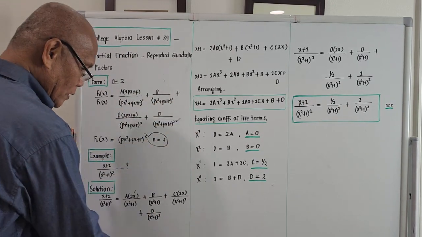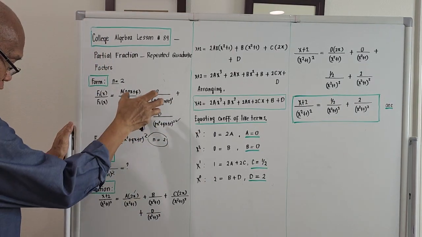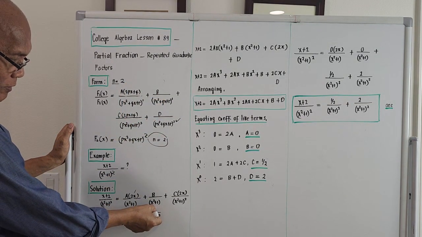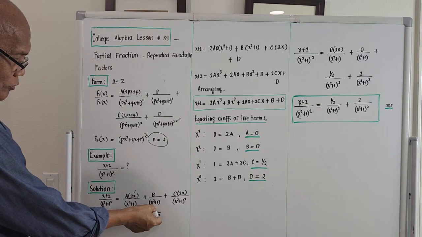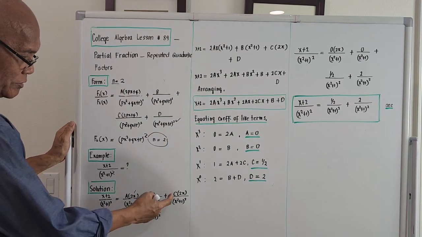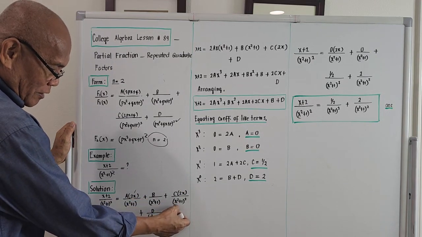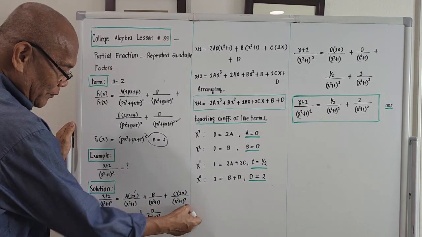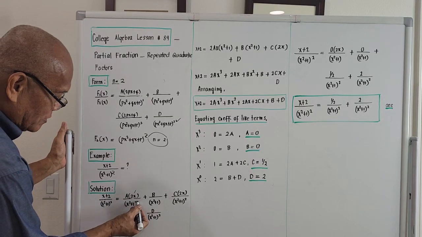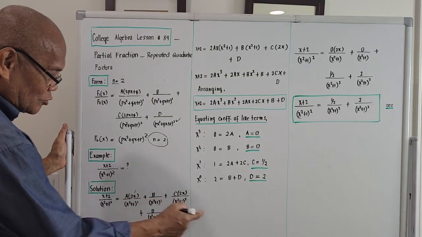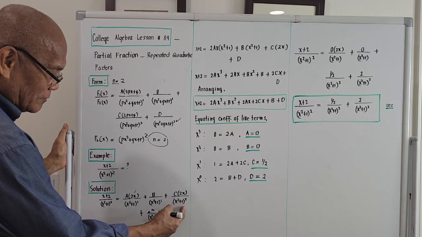Let's continue. So following this form here, it will be b all over the quadratic factor. Since n is equal to 2, there will be 2 additional terms. So another constant c, times 2x over the given quadratic to the second power, because this is to the first, this is to the first, so the next one will be the second power, right?